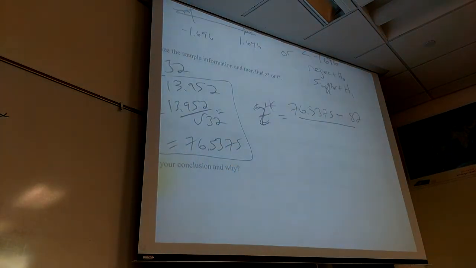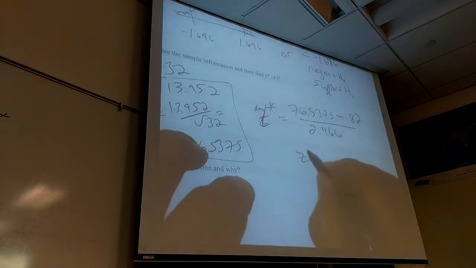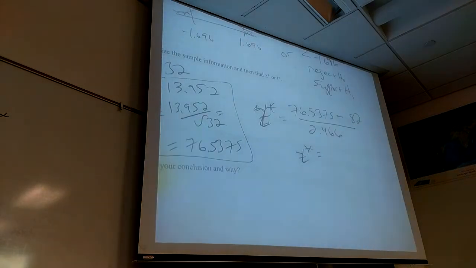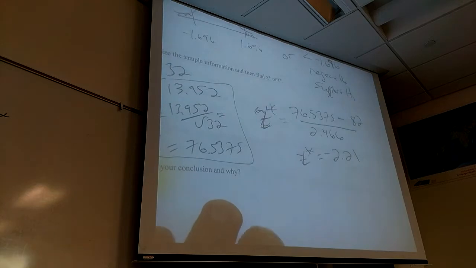This will be different for you also. So I get 2.466. Looks like. So my T star, whatever it is, I get negative 2.21.